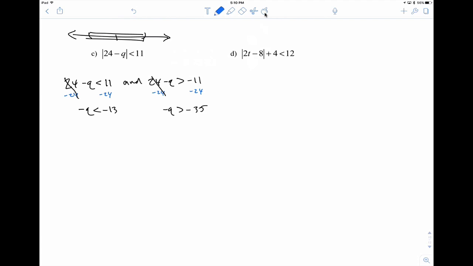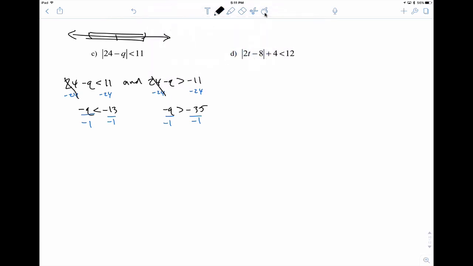So, well, here we are already. We're going to be dividing by minus 1, in both cases. And what didn't get discussed is this: when you divide or multiply both sides of an inequality by a negative number, you flip the sign, the greater than or less than sign.